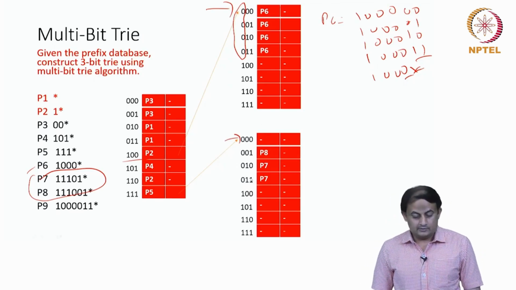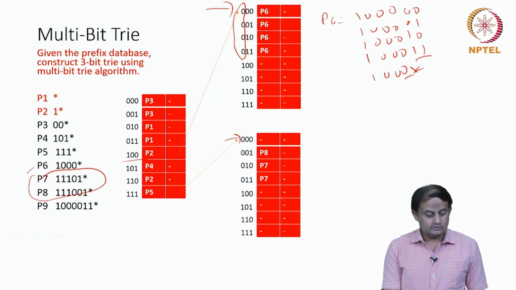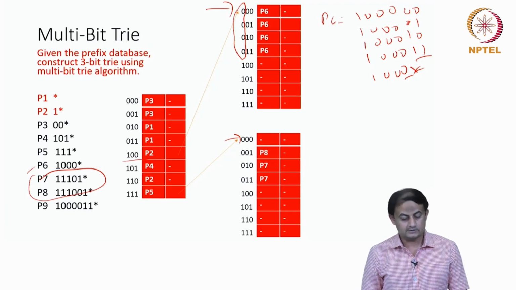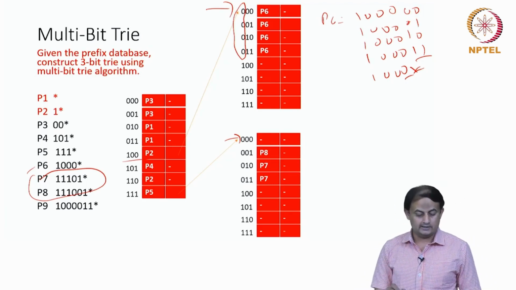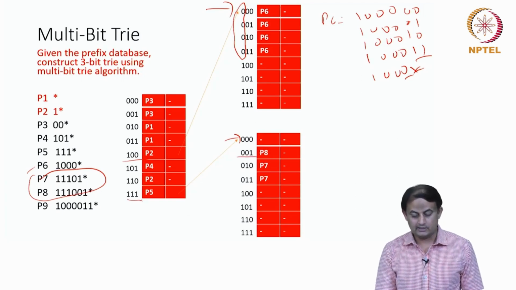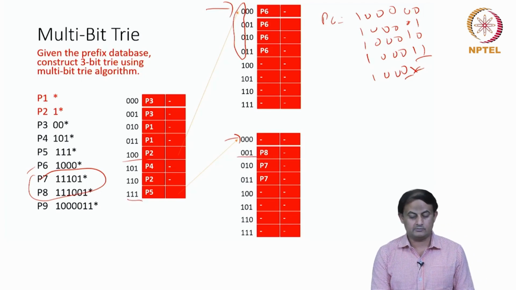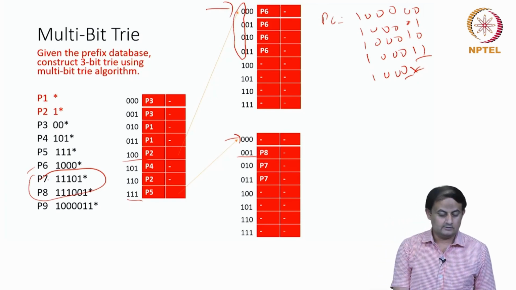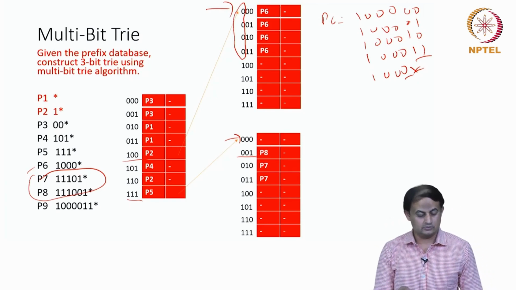P7 is a 5-bit prefix, and P8 is a 6-bit prefix. So exactly one entry, 111 here and 001 in the second level, is matched. 111 followed by 001 is P8, and again P7 is a 5-bit entry.